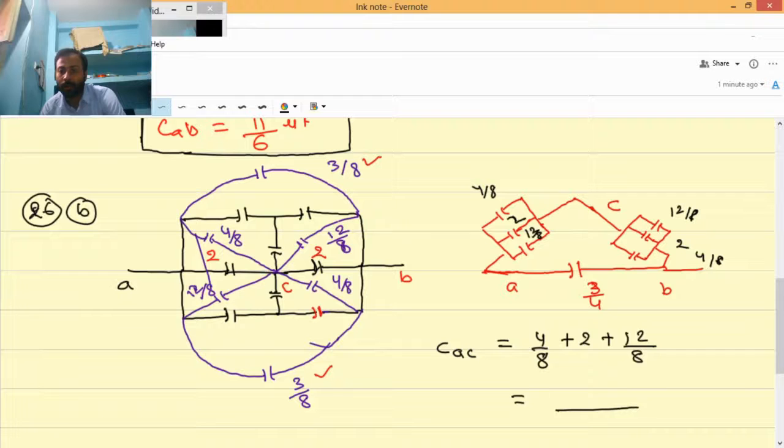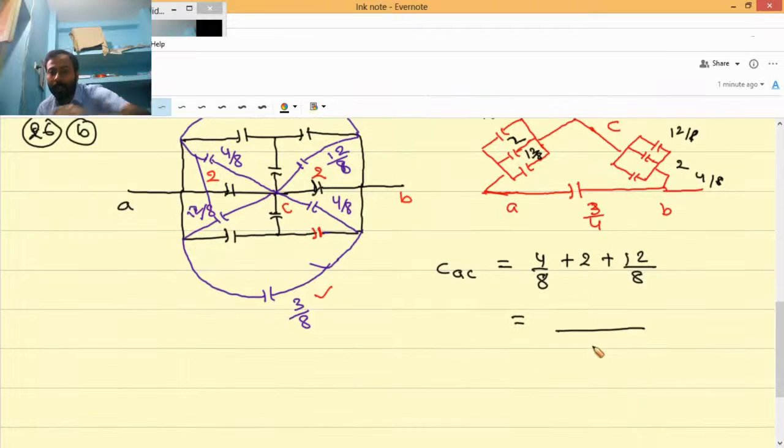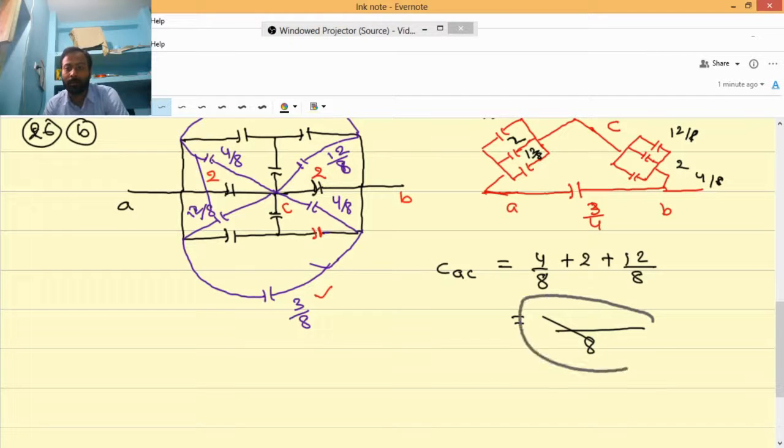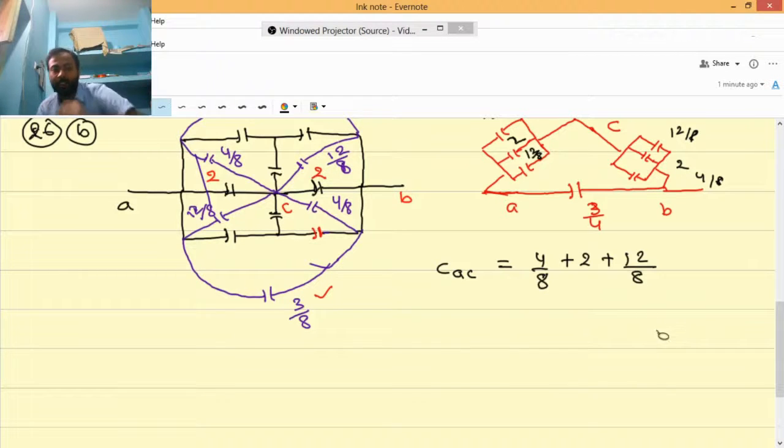So what will be the equivalent value? Let me erase because I cannot do anything, this is a problem of the pen, so please excuse. So this is 8.